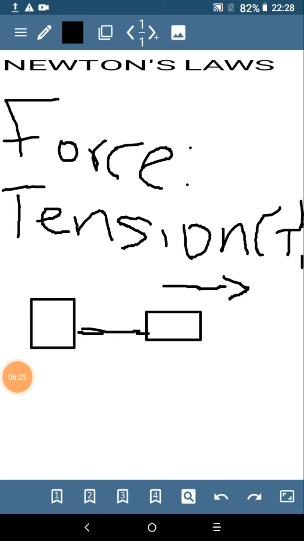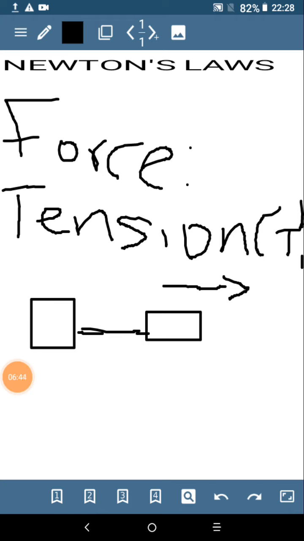So a tension force, I said, it is a force that exists when there is a string or a cord or rather a thread, anything that is rope like. Others may be familiar with the word rope, but on the question papers it is denoted as a string, inextensible string.